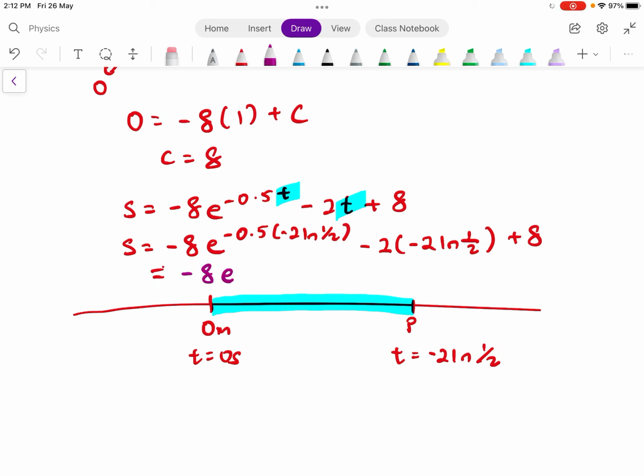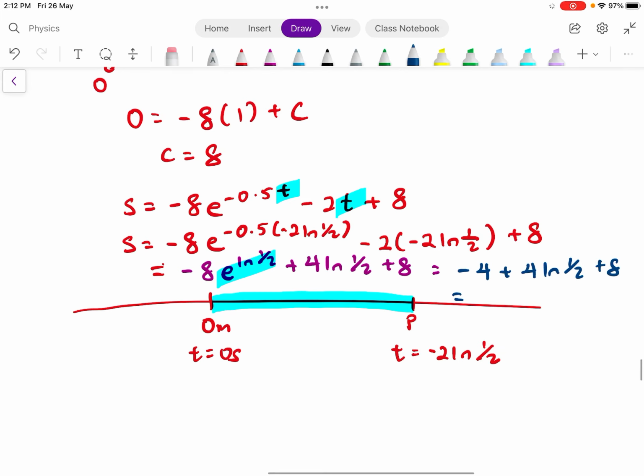So negative 8e^(ln half), then plus 4 ln half plus 8. Of course, e to the power of ln half is just half. So you'll get negative 4 plus 4 ln half plus 8, which is 4 plus 4 ln half.